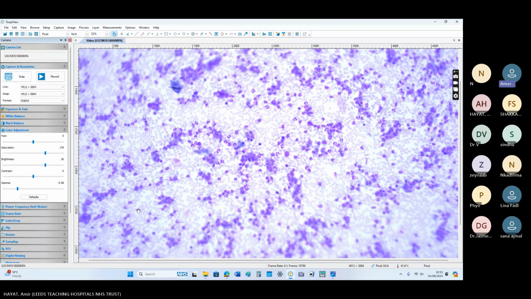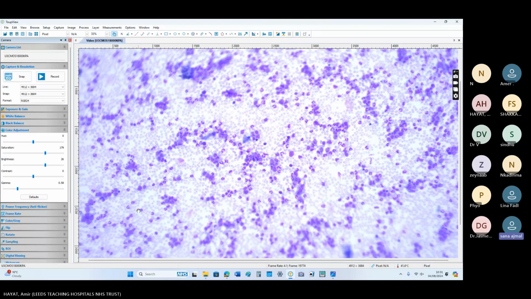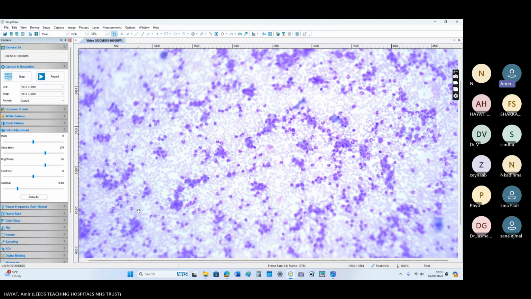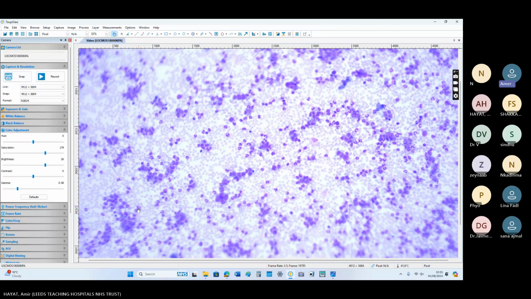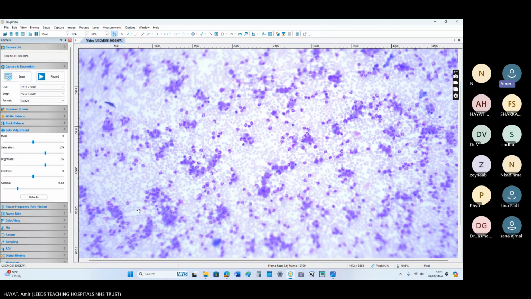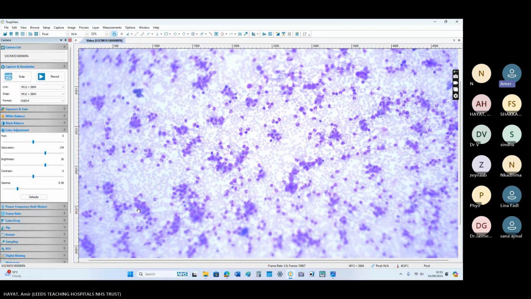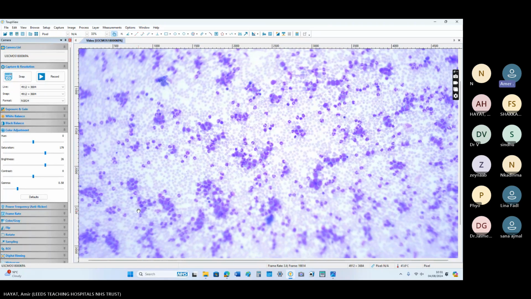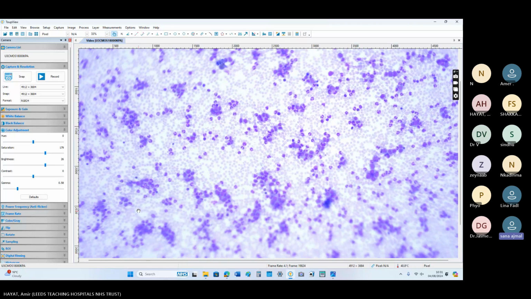Yeah, so this is the power 10 of the patient, and you can see it is full of cells.